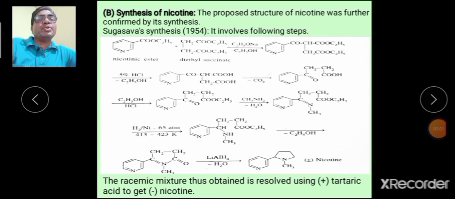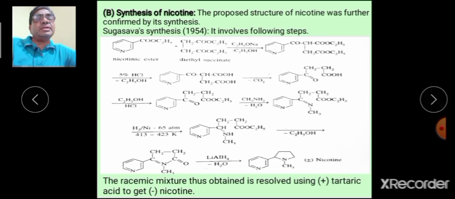Synthesis of nicotine: we are going to study the Sugasawa synthesis. It involves the following steps. The starting compound is nicotinic ester, the ethyl ester of nicotinic acid.